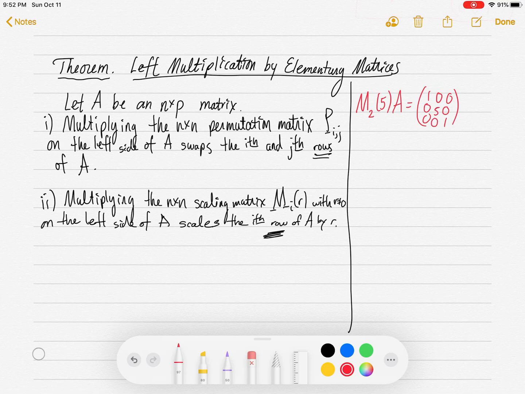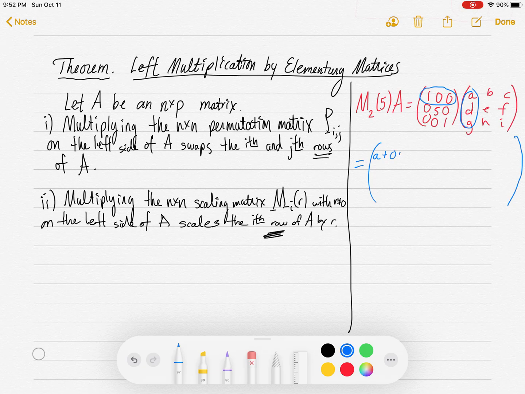So what does that do? That gives you 0, 5, 0 right there. So we're going to write 0, 5, 0. All right, we're going to multiply that by A. We're going to call A just an arbitrary matrix: a, b, c, d, e, f, g, h, i. We're going across the rows here.